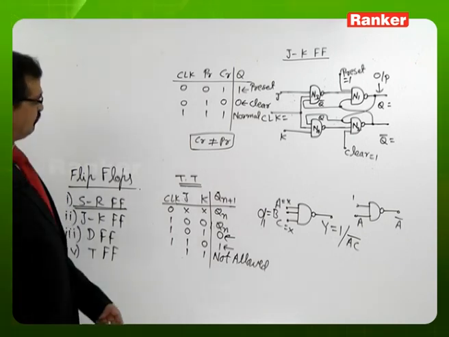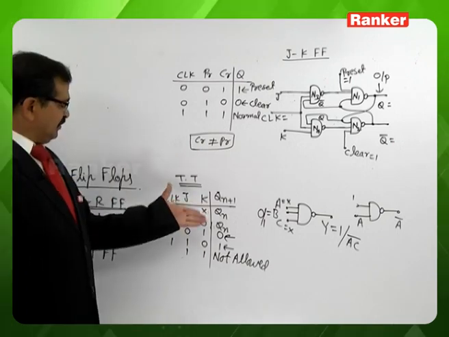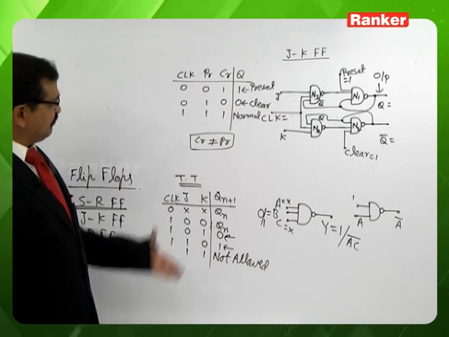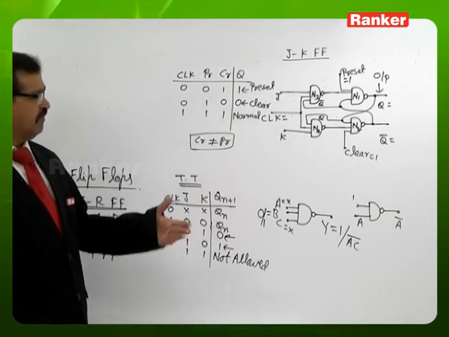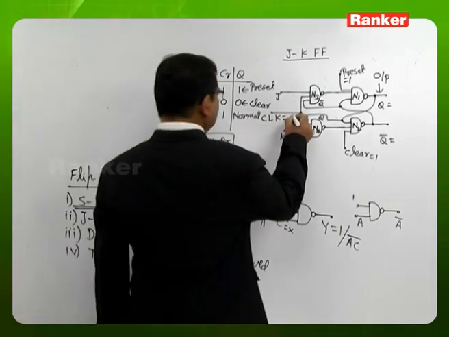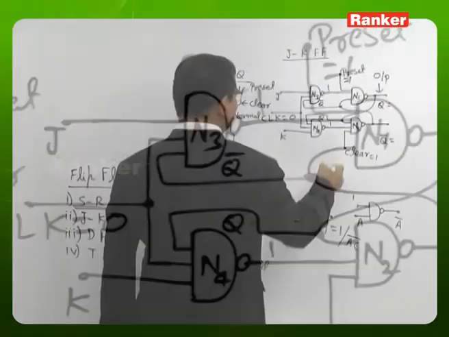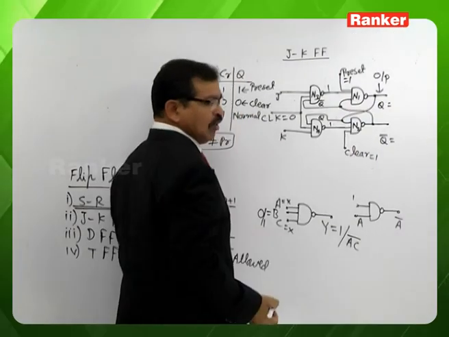For any flip-flop, as and when the clock is 0, the next state is always the same as the previous state. We can verify that here also. That is the default case for any flip-flop. Whenever the clock is 0, N3 and N4 are both 1, and with preset 1 and clear 1 for normal operation.